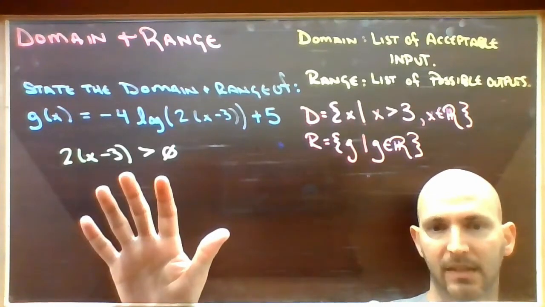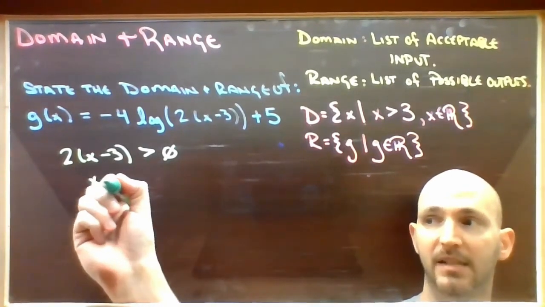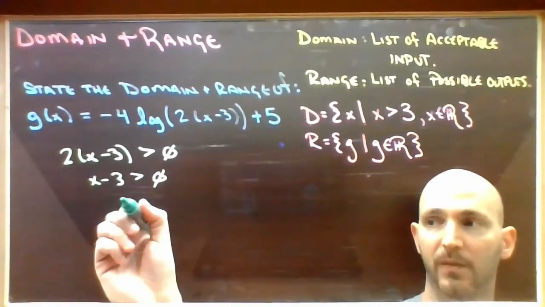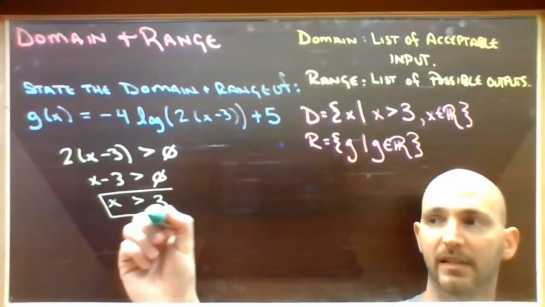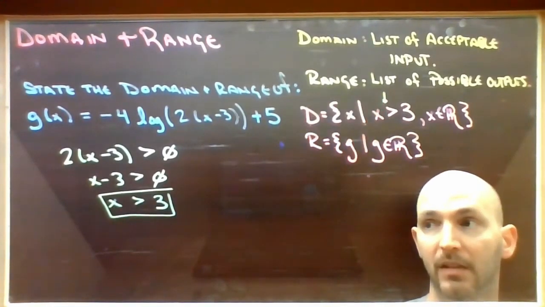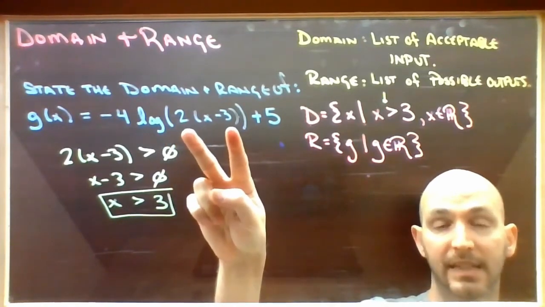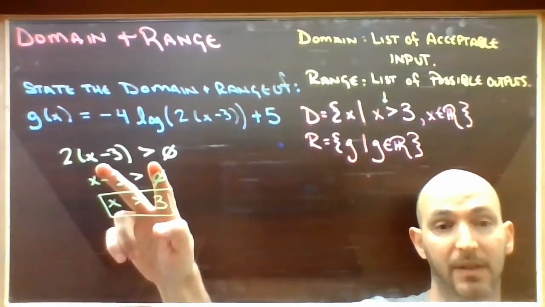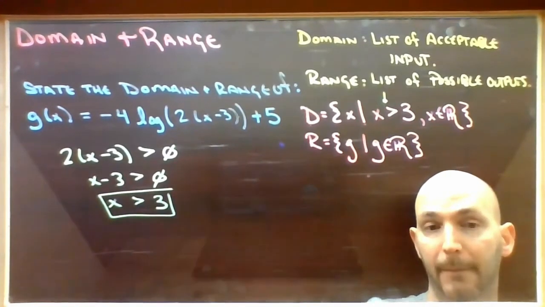So if I've got this little statement here, I could divide both sides by 2, and I would get x minus 3 has to be greater than 0. And I could pop the 3 over there, has to be plus 3. Well, there's that restriction that I put in there. So you can use the features of functions, recognizing that the guts of a logarithm have to be greater than 0, write that statement down, and then manipulate it with algebra until you get to here. That will work.